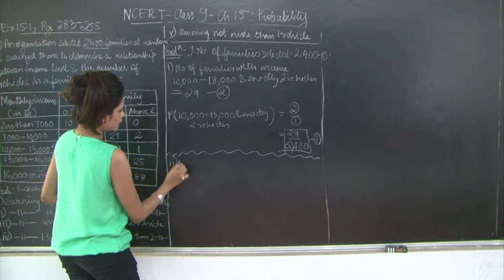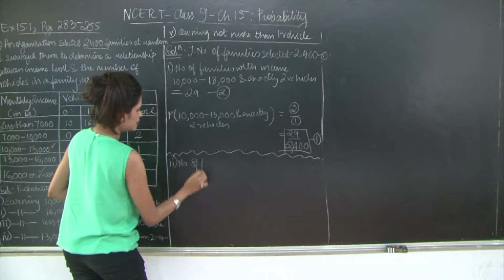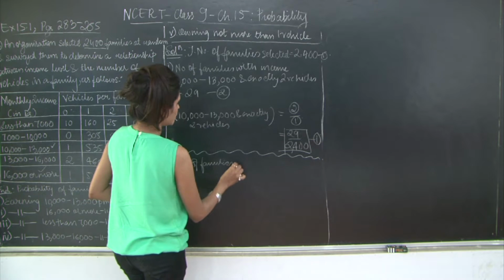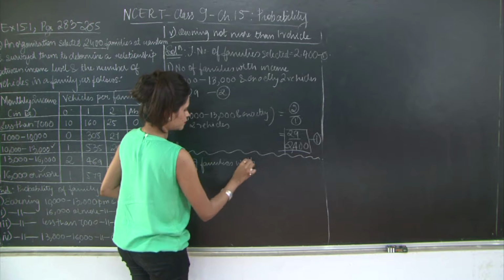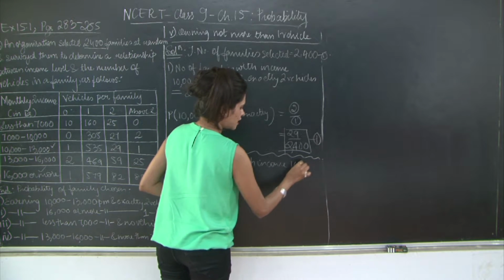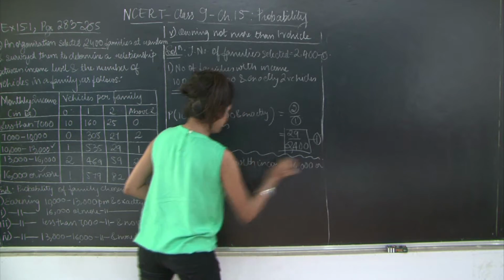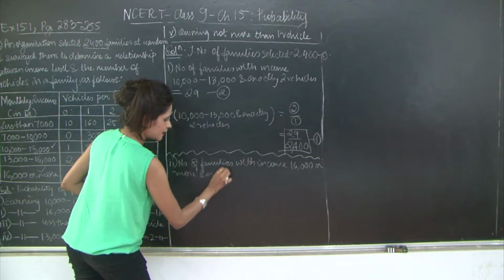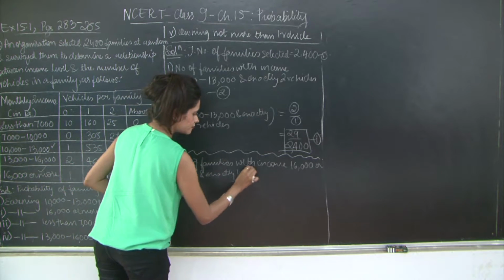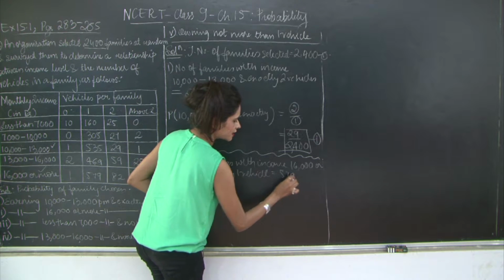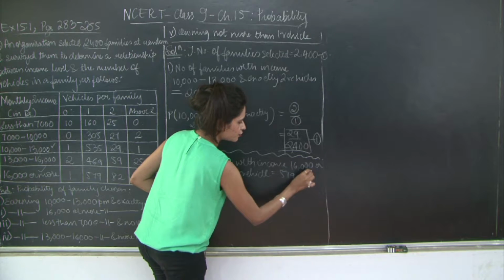So again, number of families with income 16,000 or more and exactly one vehicle is equal to 579. Let's mark this as 3.